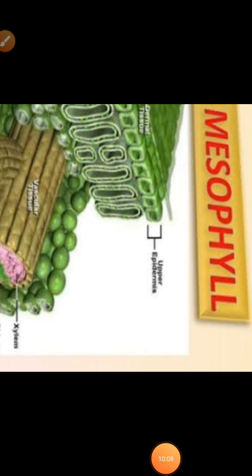What is mesophyll? Mesophyll is ground tissue that occurs between the two epidermal layers. Middle cortex occurs between the two epidermal layers.